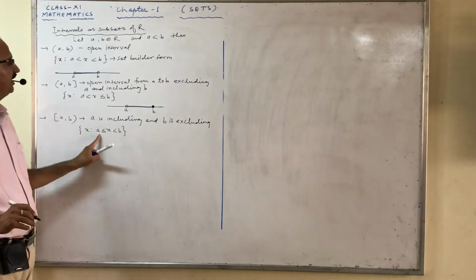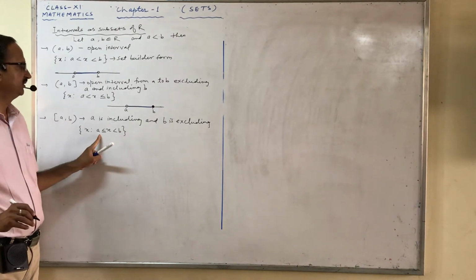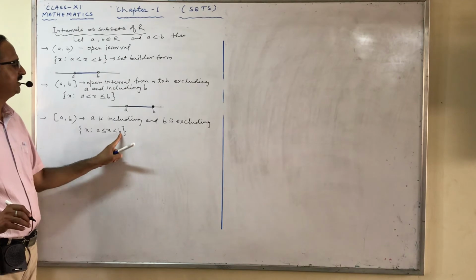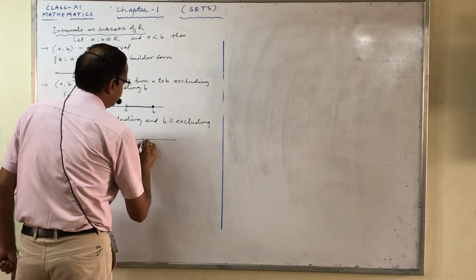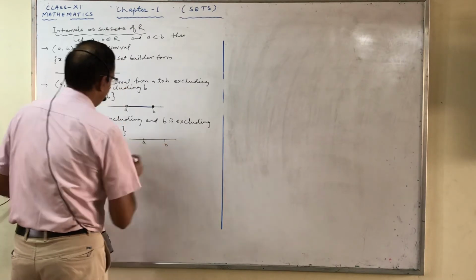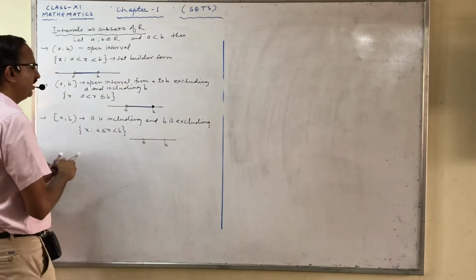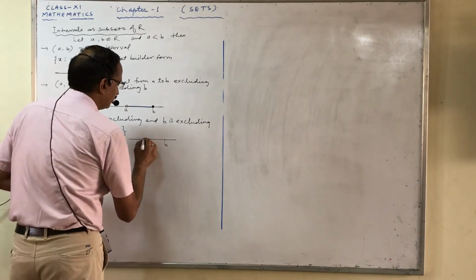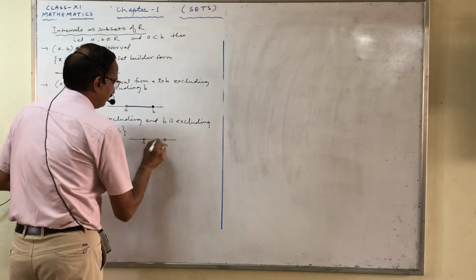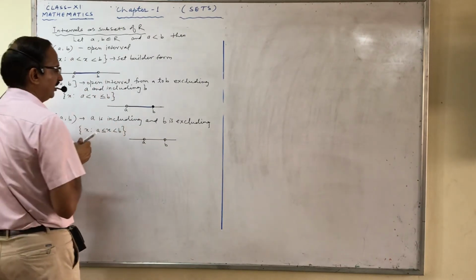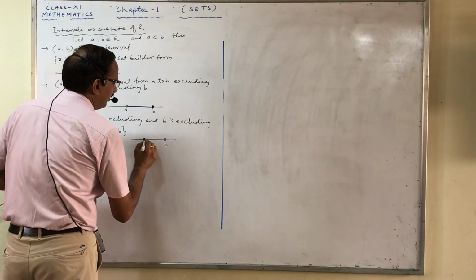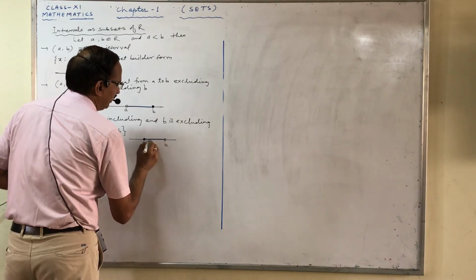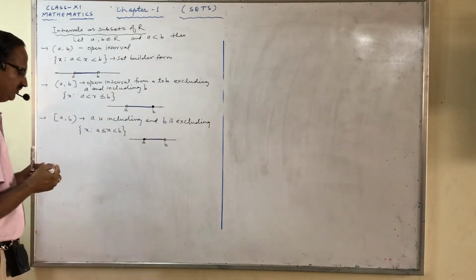Because A is included and B is excluded. On number line, we can write this is A, this is B, A is included. So we will fill this one and the numbers lying in between A and B.